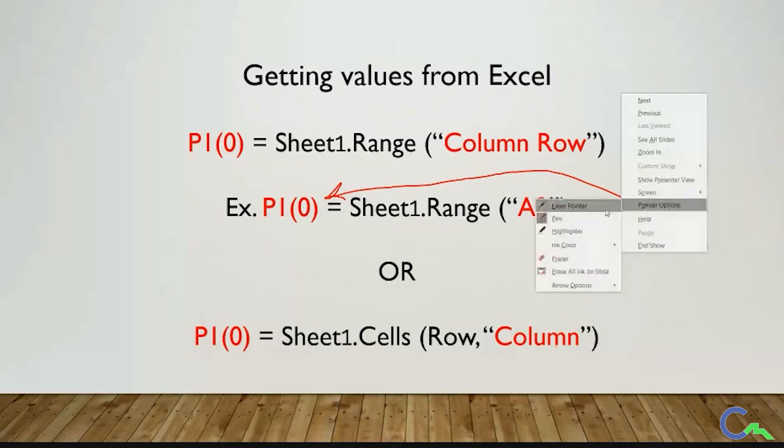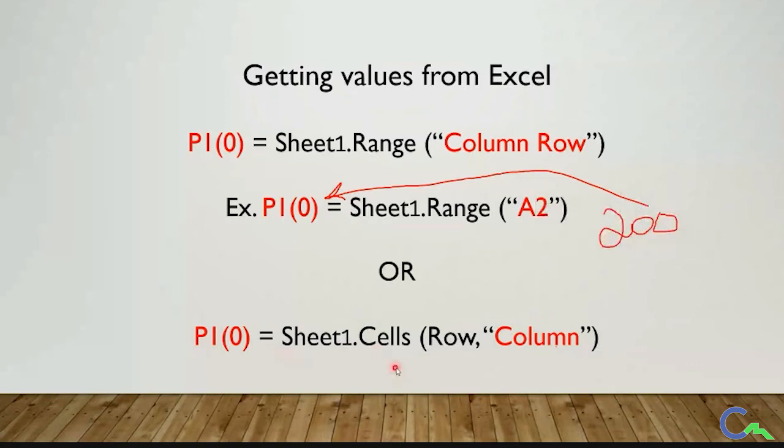We also have one more method, that is Sheet1.Cells(row, column). Taking the same example, Sheet1.Cells, the second row and the eighth column.